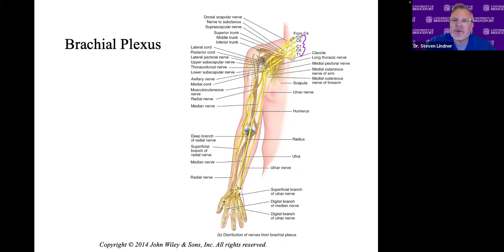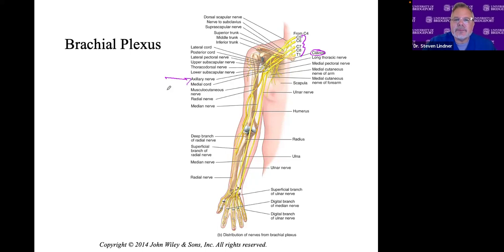So these are the nerve roots coming off of the cervical spine. And then what happens is you can see it goes under the clavicle. This group of nerves goes under the clavicle, and then the brachial plexus branches into what we call terminal branches.